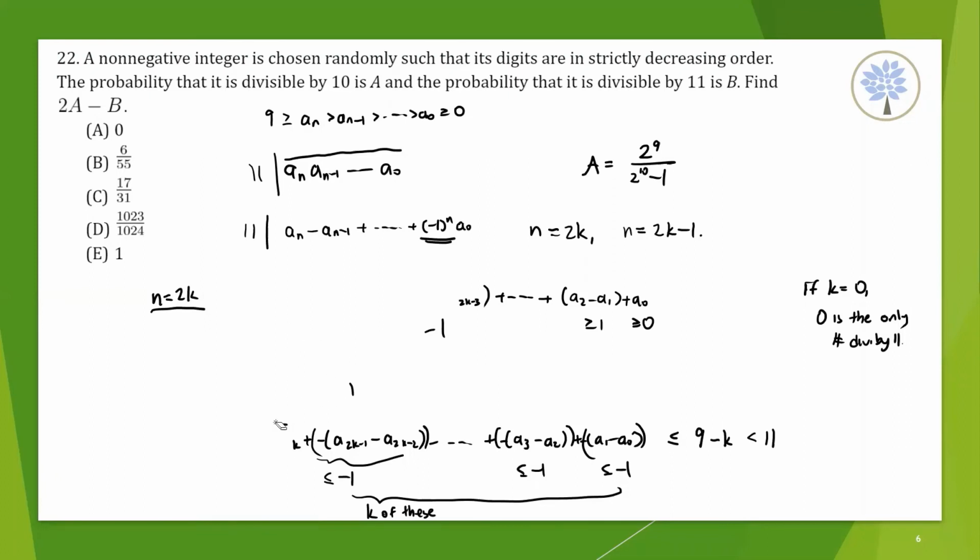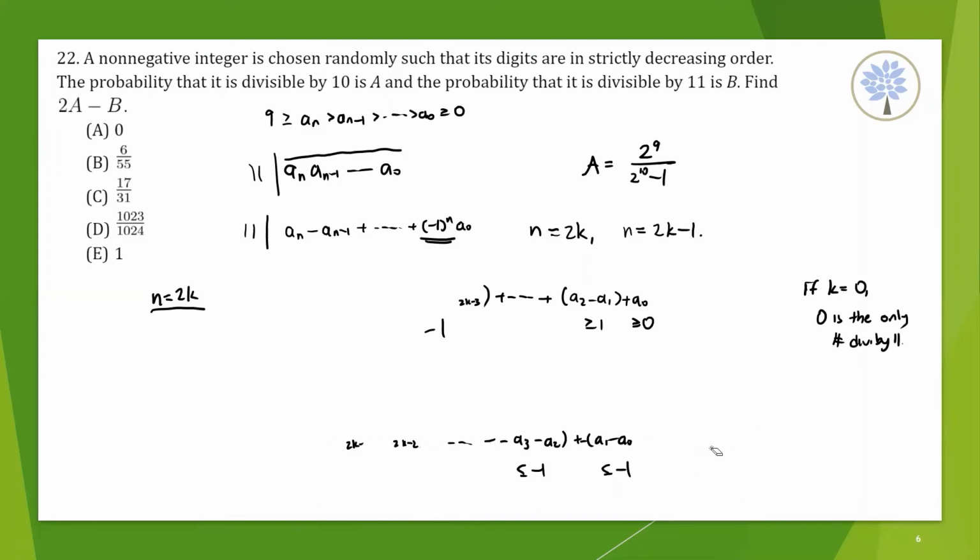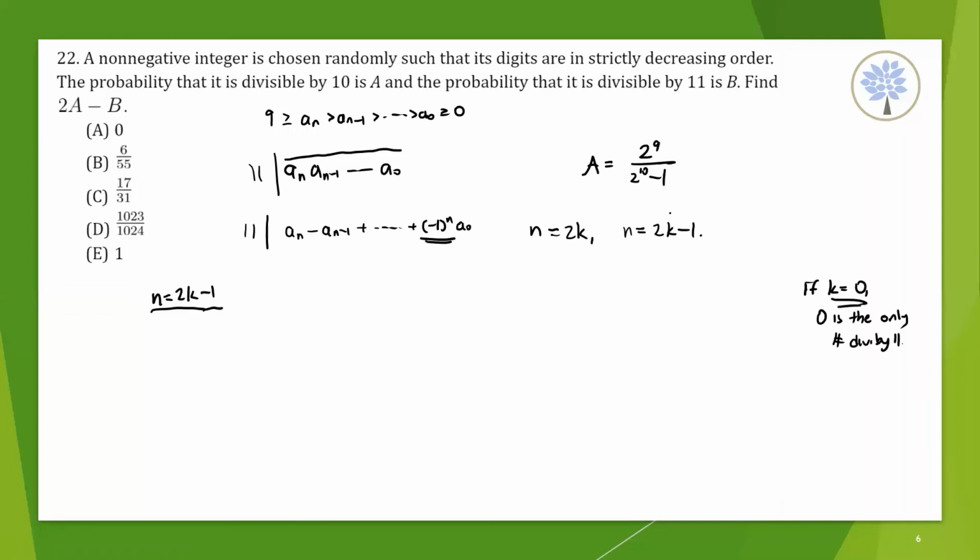And so now let's consider the second case. The second case is if n equals 2k minus 1. Oh yeah, so let's first take note that k equals 0 is the only solution in case 1.